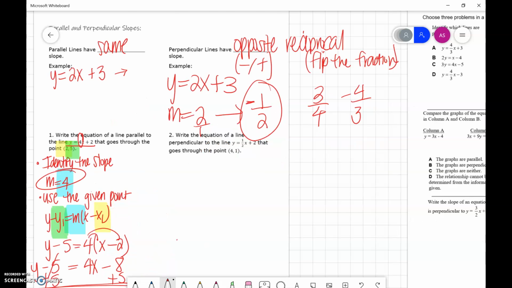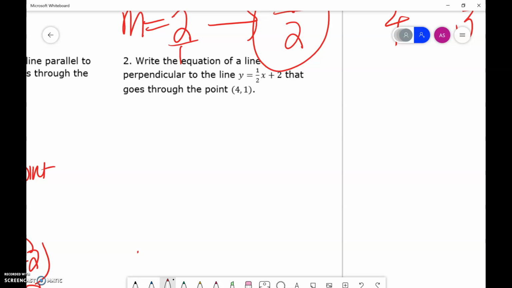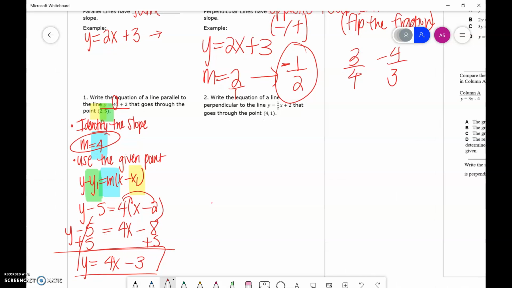Okay, so from here, let's go ahead and look at it. It says write the equation of the line that is perpendicular to y equals 1/2 x plus 2 that goes through the point 4, 1. So first step, and it's the same steps as the parallel one, you just do the opposite reciprocal.